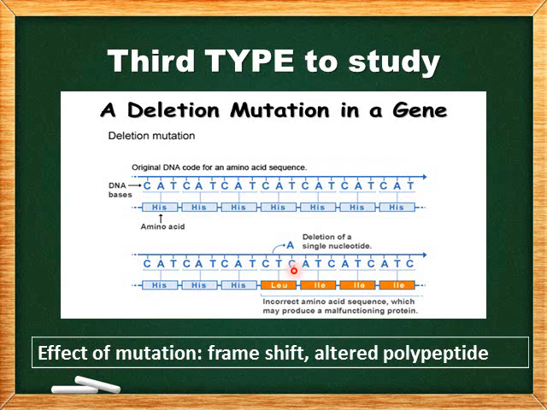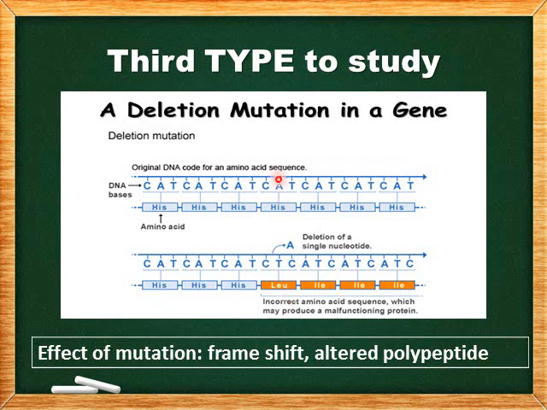T and C will come to this side and will be read together as CTC, again because they are read as triplets, as codons, and all the neighboring ones to the right will move to the left, because the T will take the place of A and C take the place of T, and so on. And now instead of CAT, we have to read CTC, and instead of His, we have leucine.